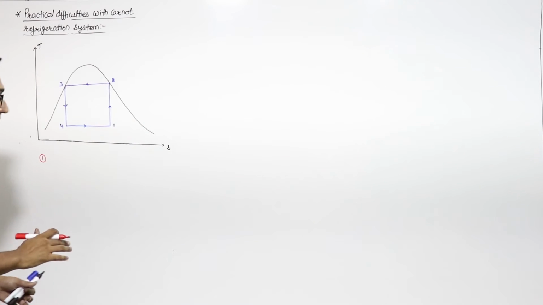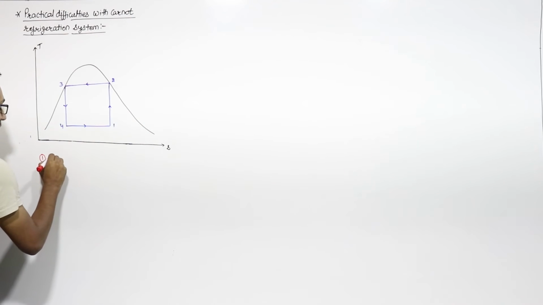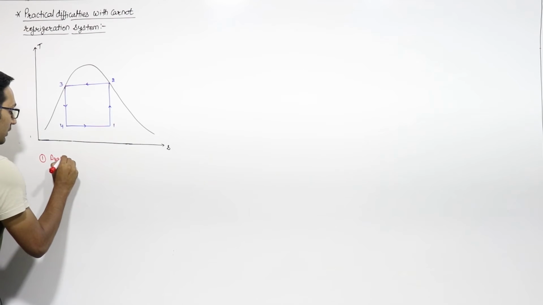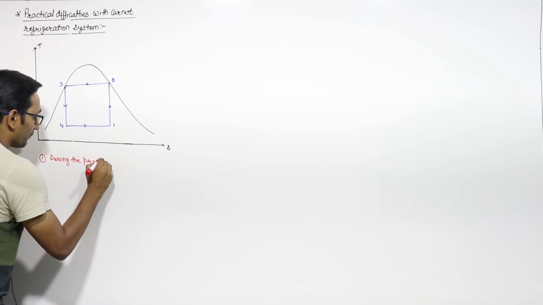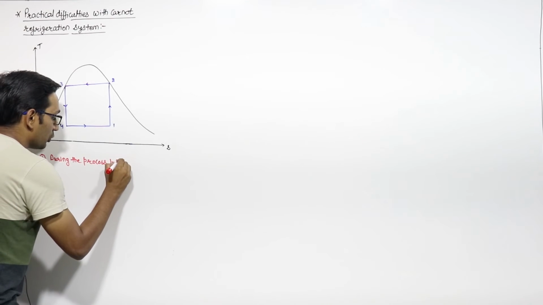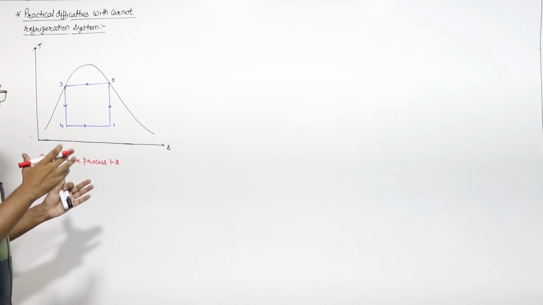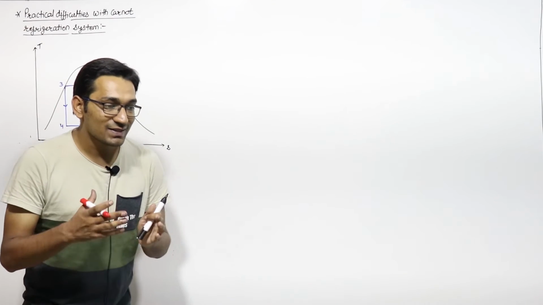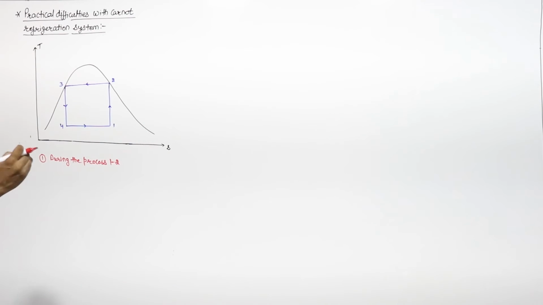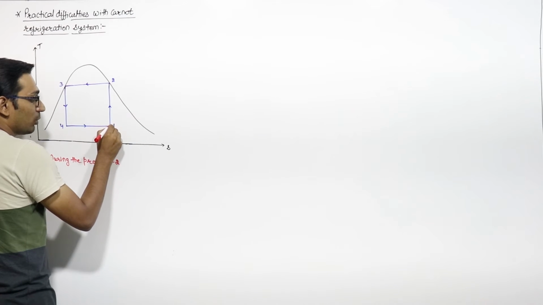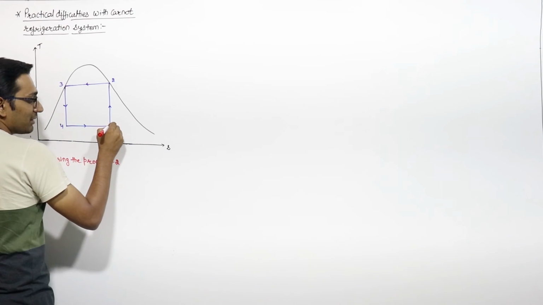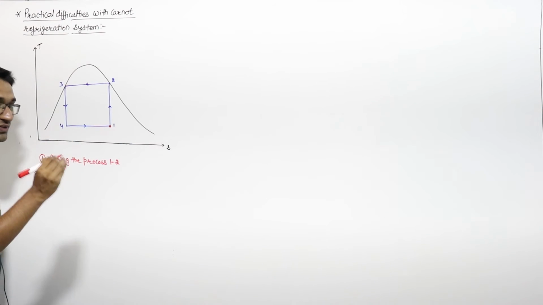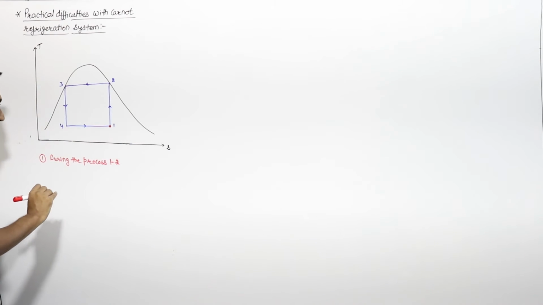The first is that during the process 1 to 2, the process consists of liquid and vapor. The state at point 1 is a mixture of liquid plus vapor, right?